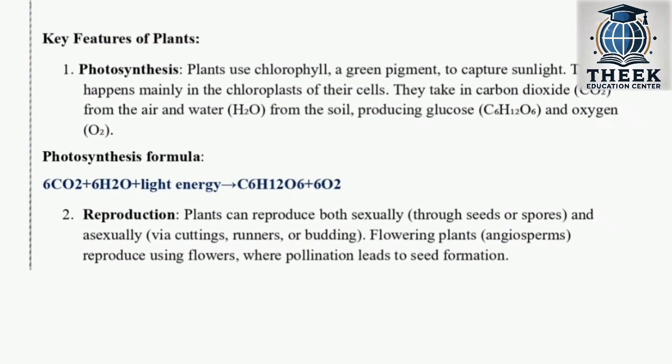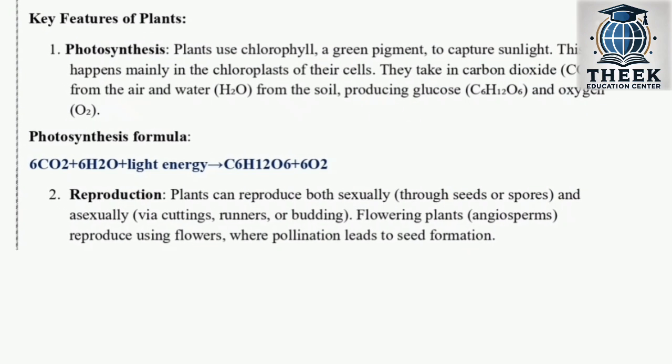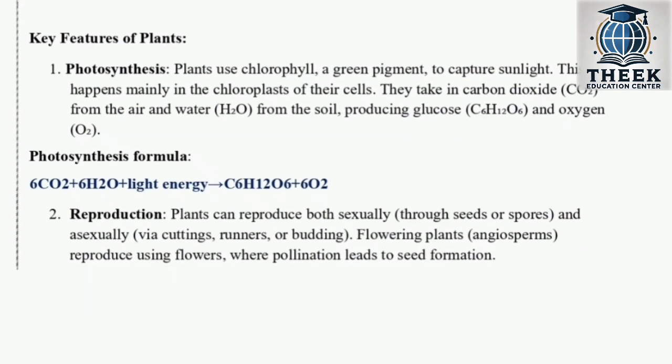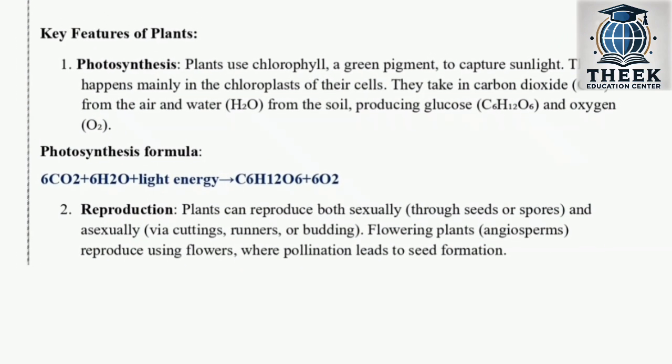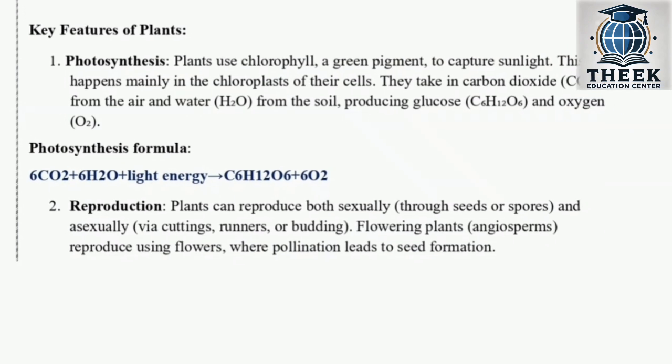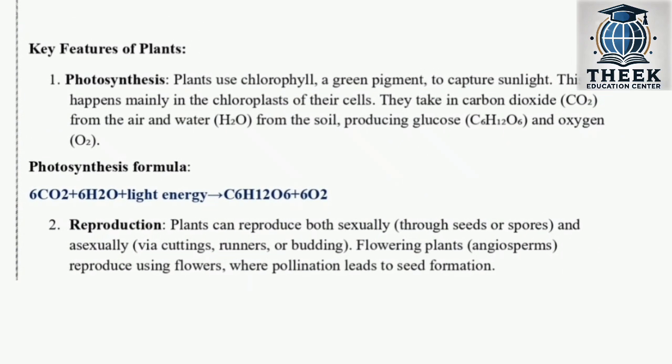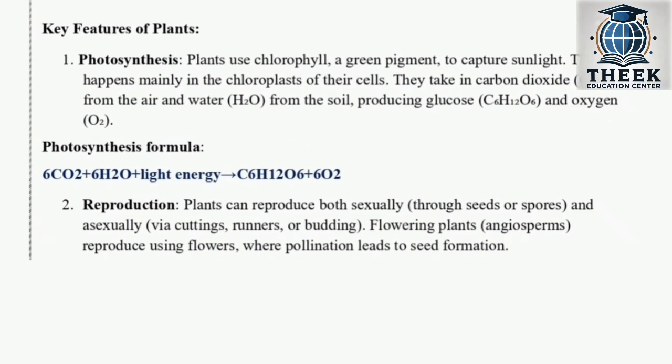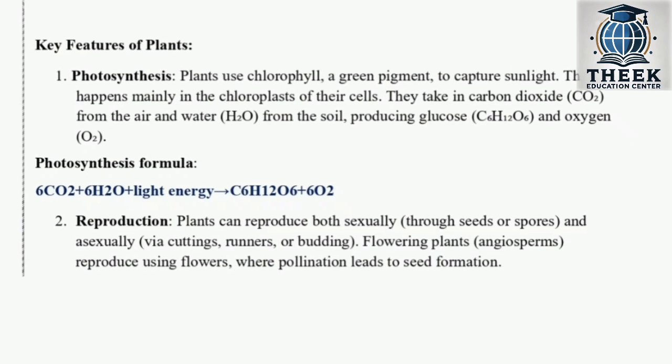And this water, how do plants get water? They absorb water from the soil using the roots. So that is a key feature in plants that we'll discuss in more detail.